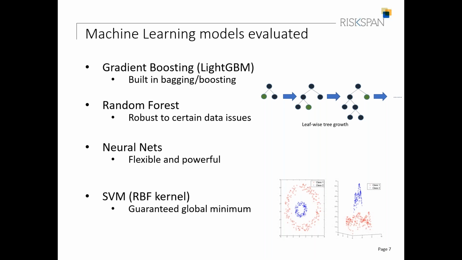Probably the best implementation of that right now is the LightGBM by Microsoft Research. It is very fast, and it tends to generate good results when it's properly tuned. Another option that people really like that we also tried is random forests.